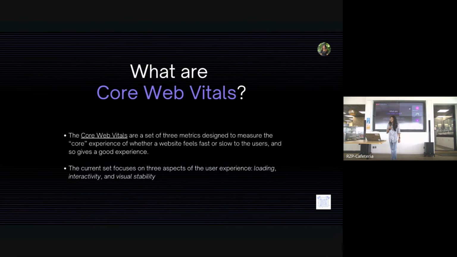Before even starting about INP, let's understand what core web vitals are and why they are important. Core web vitals are just metrics to understand how fast your web would be, right? How fast, how slow, and how the user experience would look.